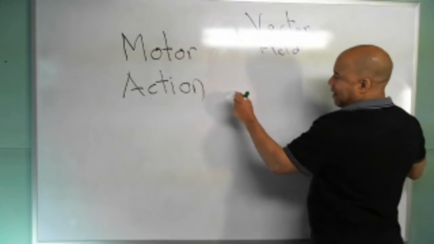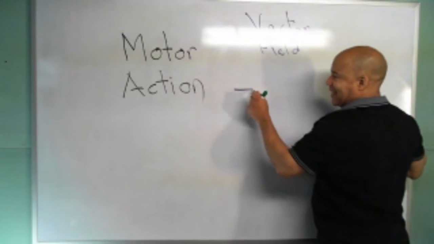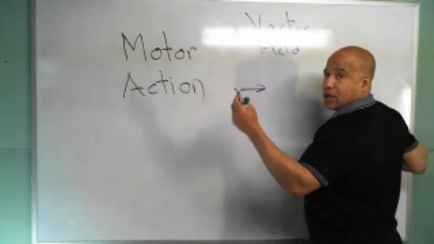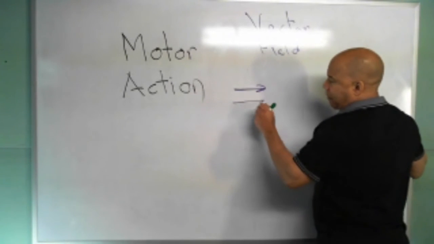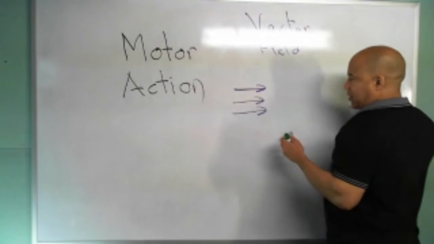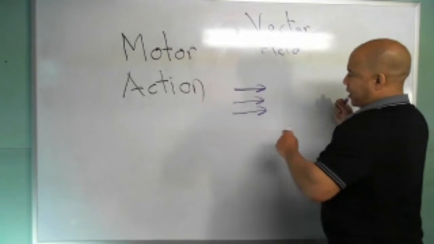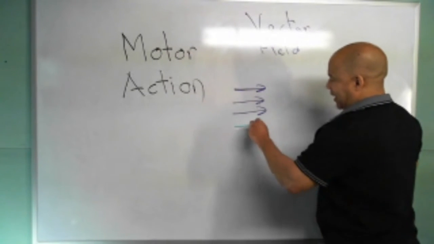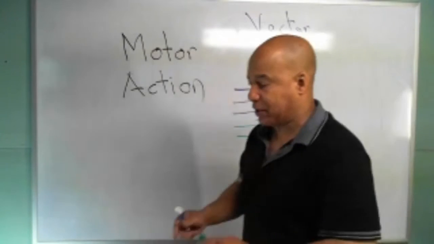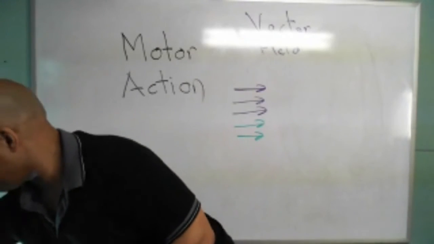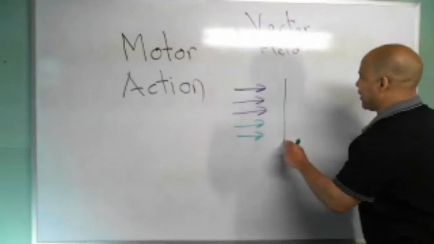Look at this. If I have a bunch of, let's say, forces acting in this way, these are my, if you can see the colors on the camera, these are my purple forces. So I got some force acting like that, and I got the force acting like that. And let's say they're actually acting on an object.